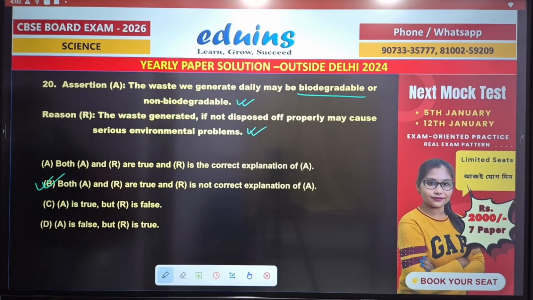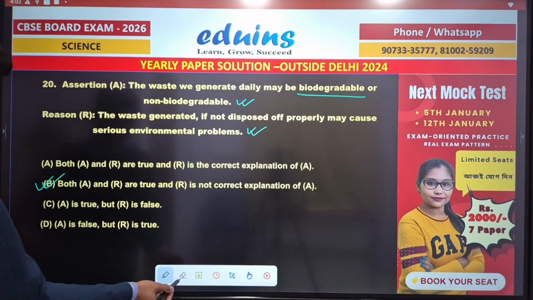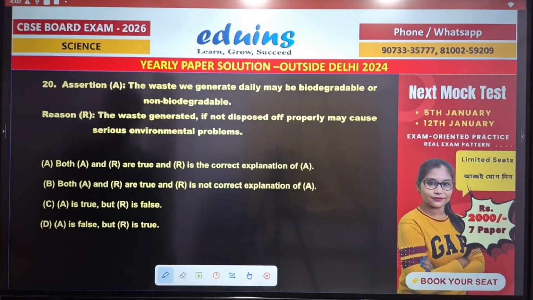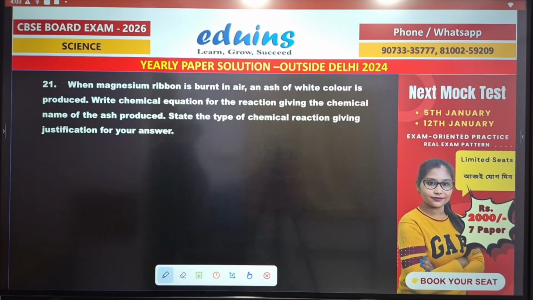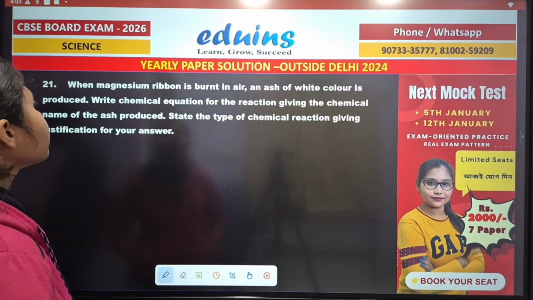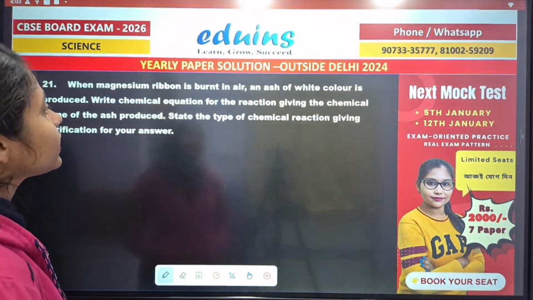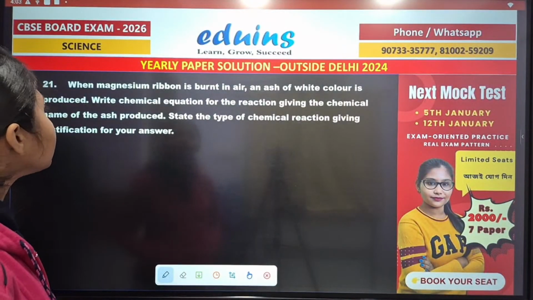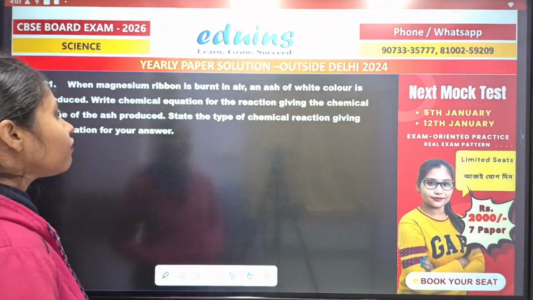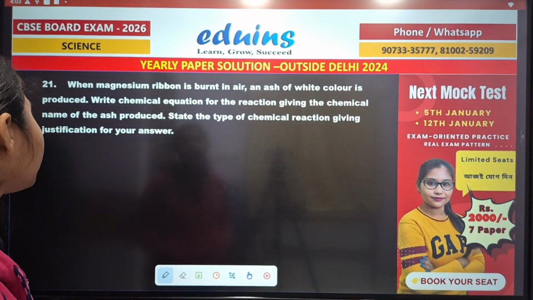Chalo, what is the next question? Okay ma'am, this is your part. What is the question? When magnesium ribbon is burned in air and ash of white color is produced, write the chemical equation for the reaction giving the chemical name of the ash produced.